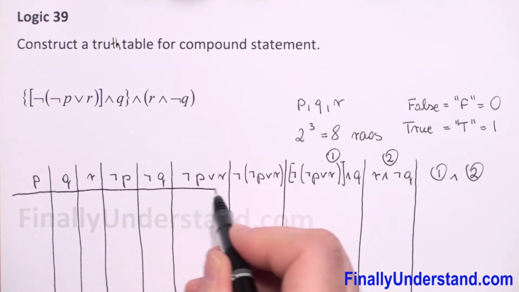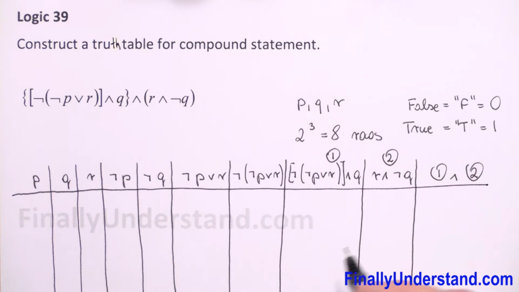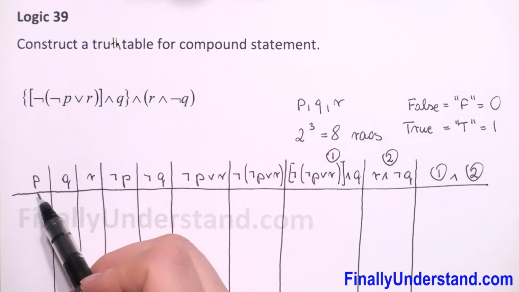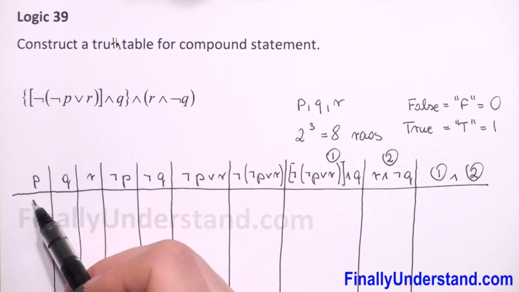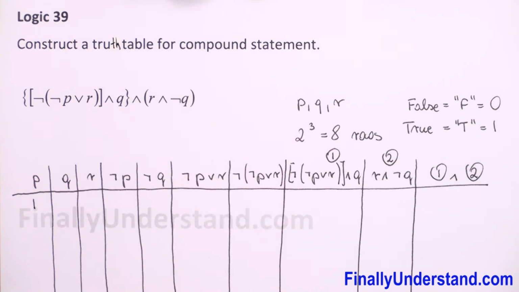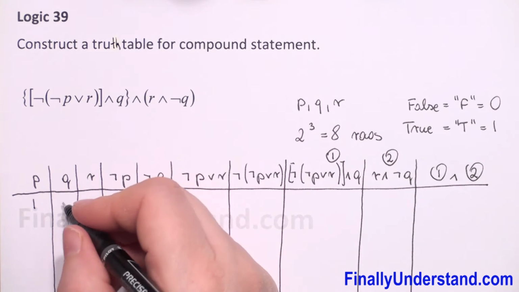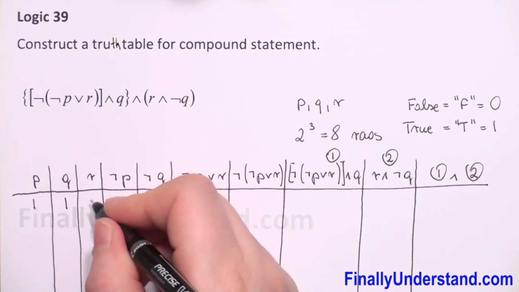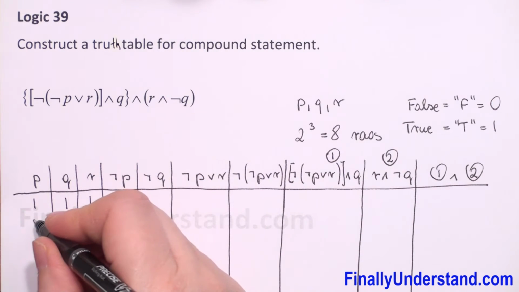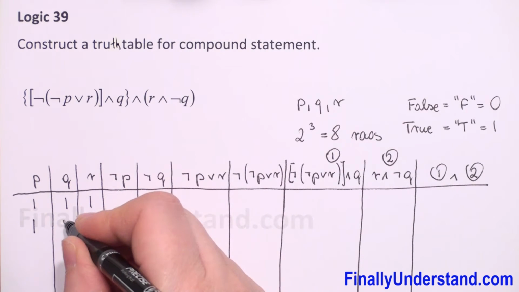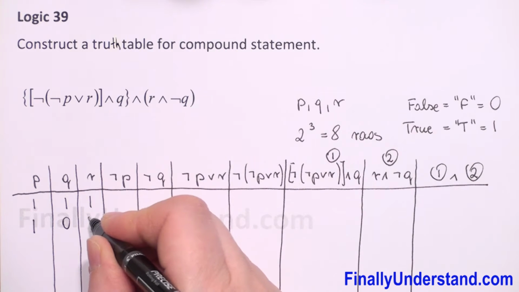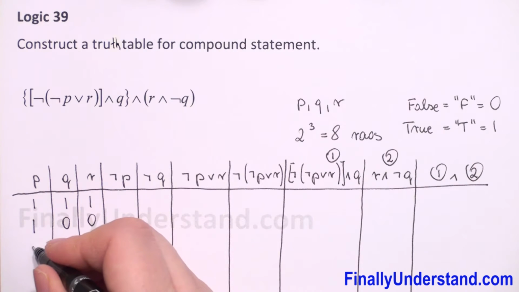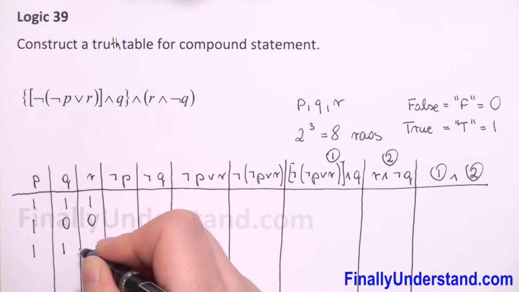So now we have to put first our combinations for the simple statements P, Q, R. P can be true, Q can be true, and R can be true. Now let's put that P is 1, Q is false, so 0, R is 0. Next we can put 1, 1, 0.